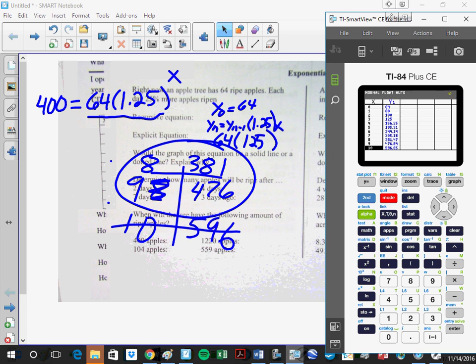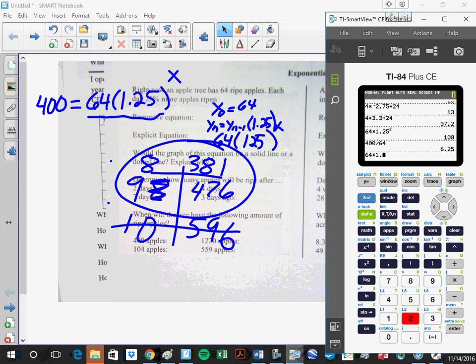So we go back to our calculator. 64 times 1.25 raised to the 8.3. That was too big. So second, enter, change that to a 2. That's not enough.